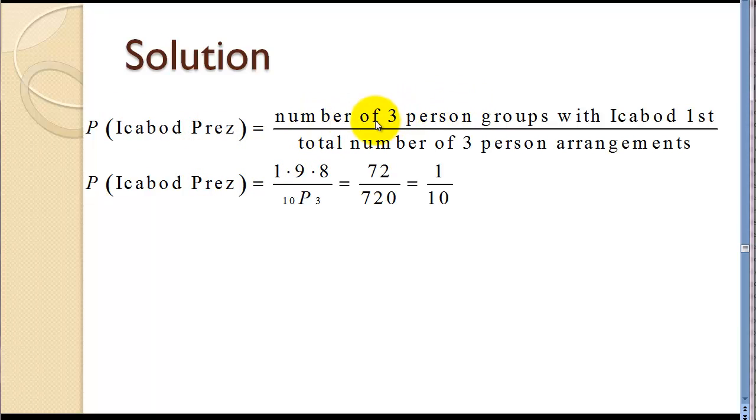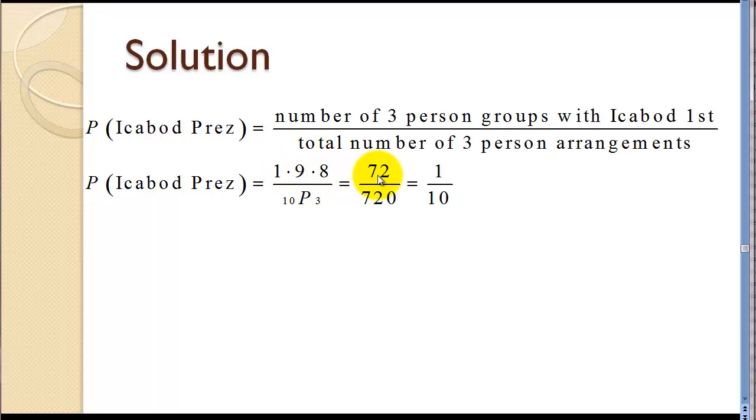I messed up here. So again, the total number of councils where Ichabod is chosen first. So we're choosing Ichabod first, that's one. And then that means there are 10 people left to choose from for the second position, and now we've got 2 people in the committee and 8 here. So we're using the multiplication counting principle here to figure out our number of successful outcomes.